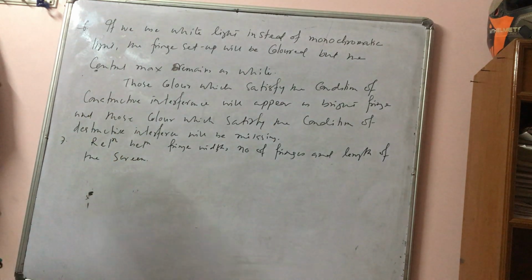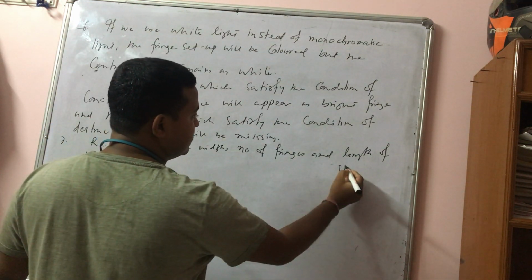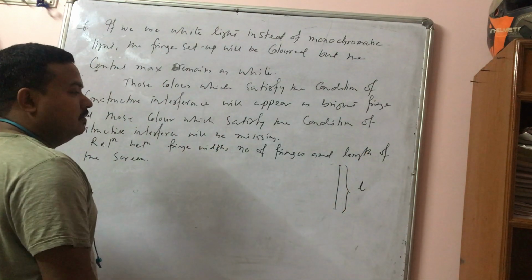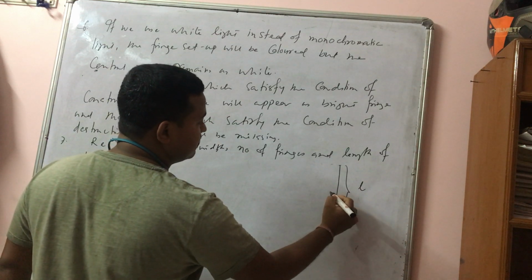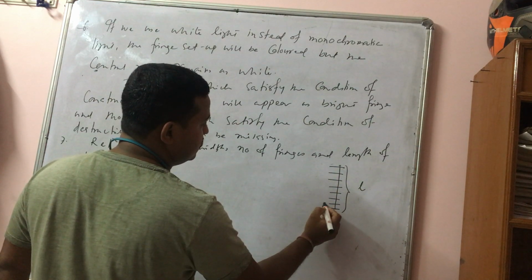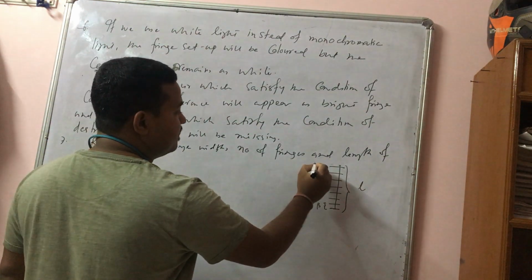Okay, this is a very important relation. So suppose this is a screen. Say this length is L. These are the fringes. Just assume these are the fringes. The fringe width is beta, and the number of fringes, suppose N.